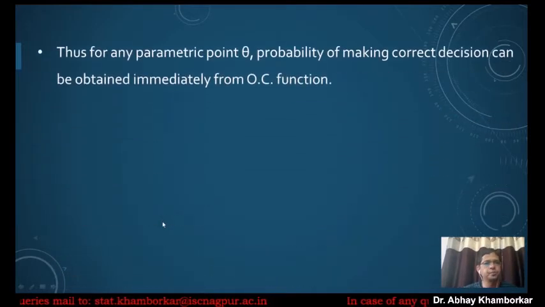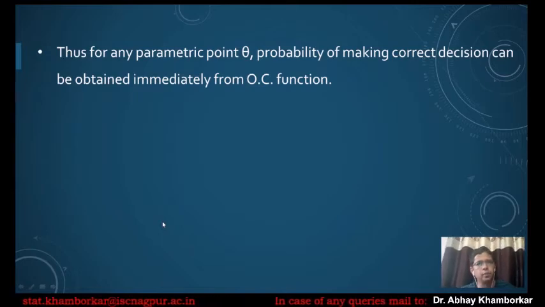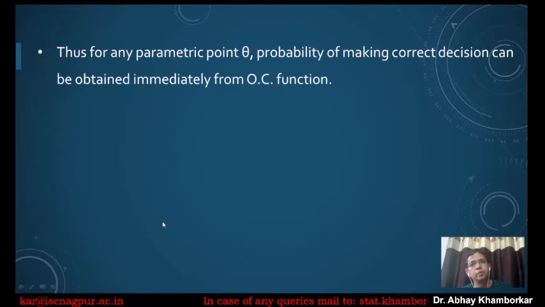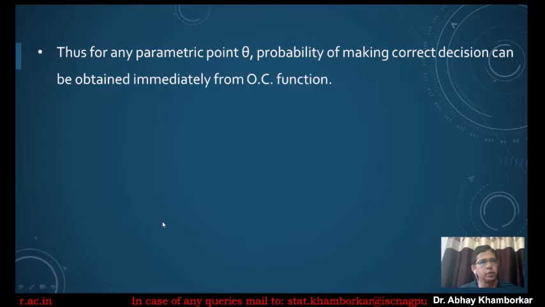So this OC function basically then gives us the probability of making a correct decision. So thus for any parametric point theta, probability of making correct decision can be obtained immediately from the OC function.